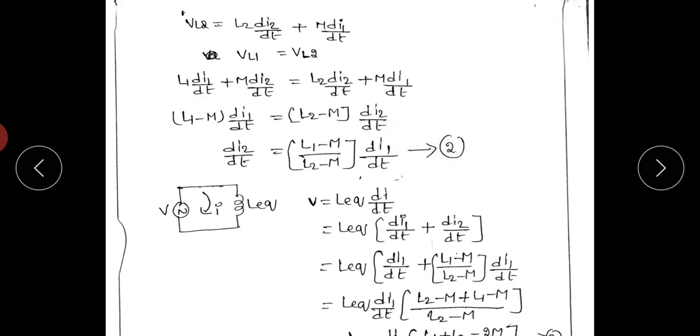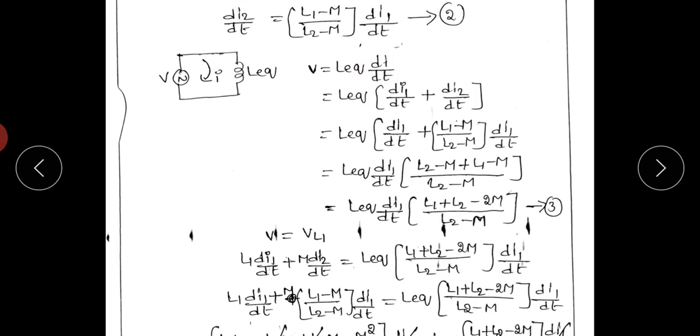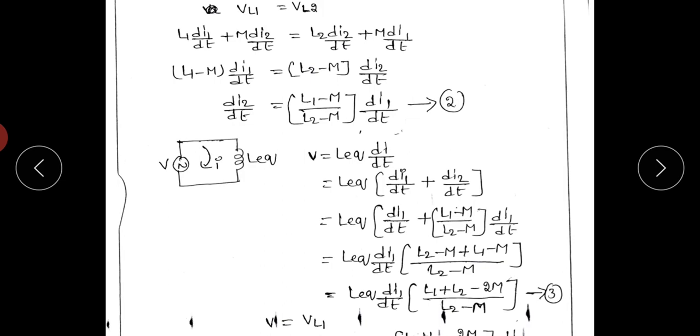This is equation number 2. This is the equivalent circuit, where L equivalent is the equivalent inductance of the parallel combination. So we can write V equals L equivalent into di by dt. From equation 1, di by dt equals di1 by dt plus di2 by dt. So V equals L equivalent into di1 by dt plus di2 by dt.